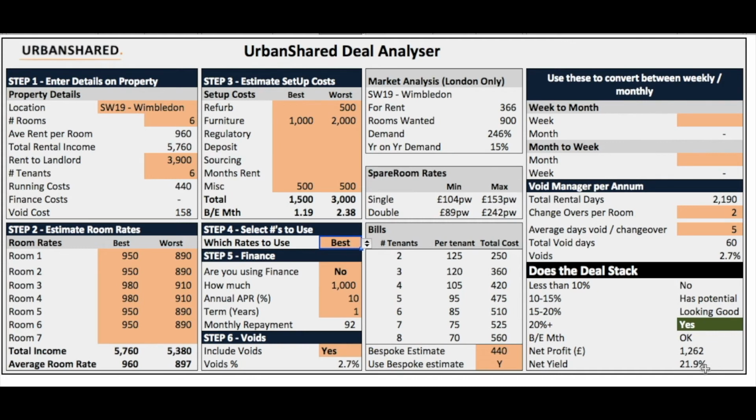And that was the level that we did this deal at. In terms of rents, we are making somewhere between best and worst case scenario. So we're making slightly less than the 1,262 per month on this particular deal.